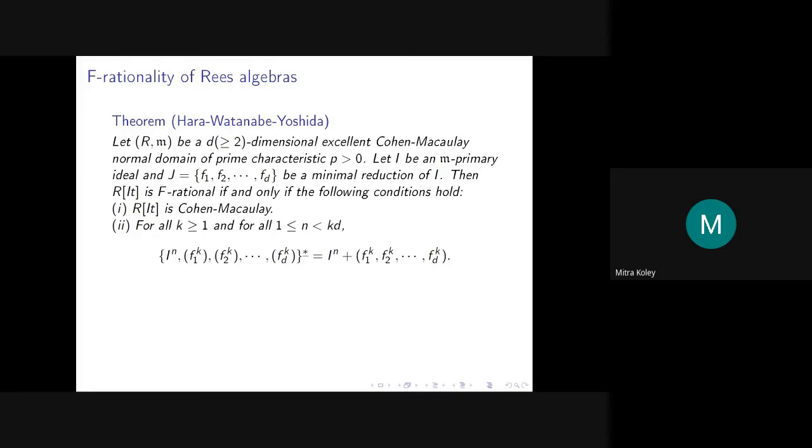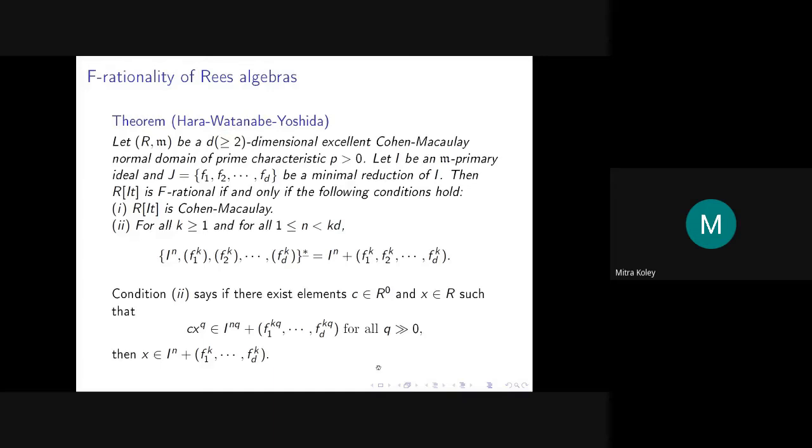Then the Rees algebra is F-rational if and only if the following two conditions hold. First, the Rees algebra is Cohen-Macaulay, and second, for all k greater than or equal to 1 and for all n less than kd, the tight integral closure of this set of ideals is I^n plus the ideal generated by f1^k, f2^k, ..., fd^k.